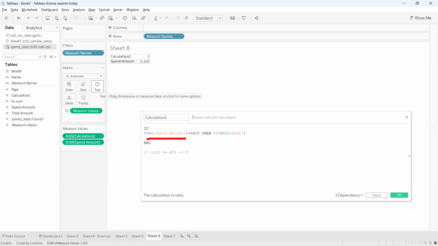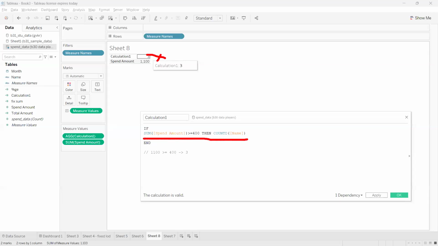When you drag any measure into the sheet, or even if you do not drag it, Tableau will assume what the sum of spend amount would be if I drag this field into the sheet. So it is 1100, and based on this Tableau evaluates the condition. Because of that, we get a wrong answer, which is 3 here.